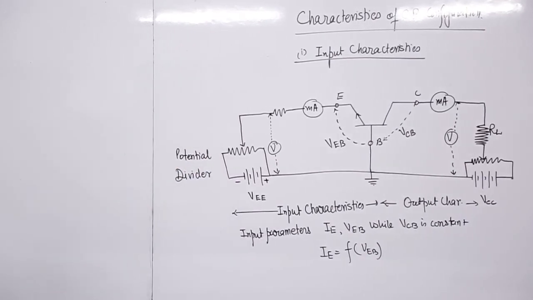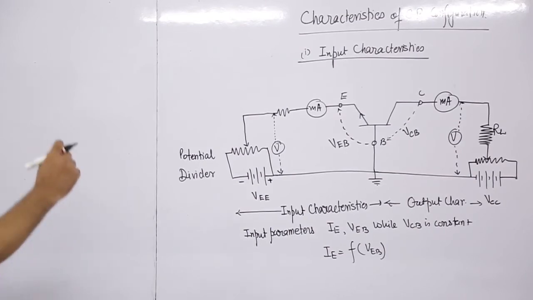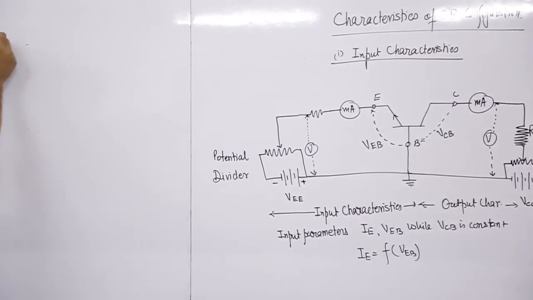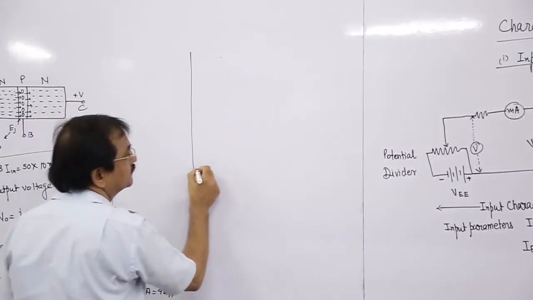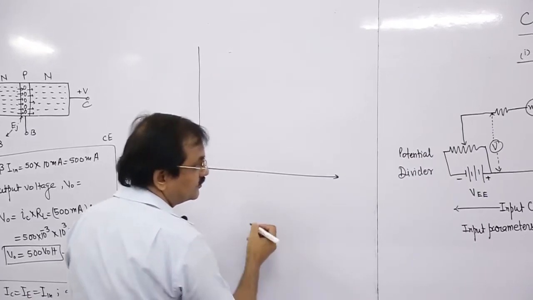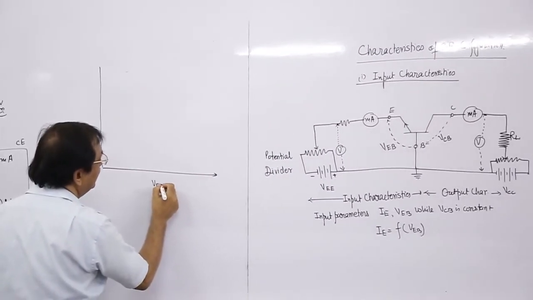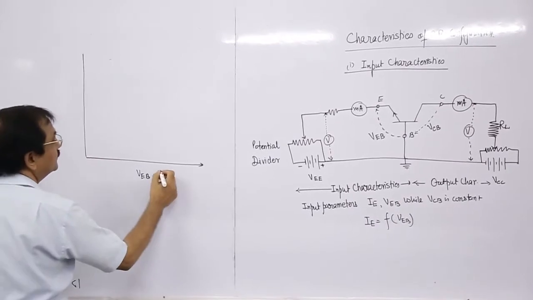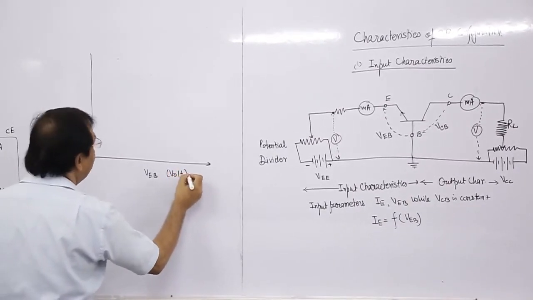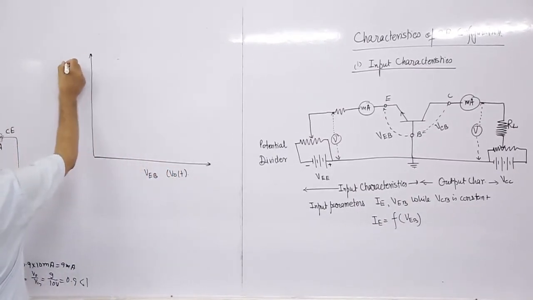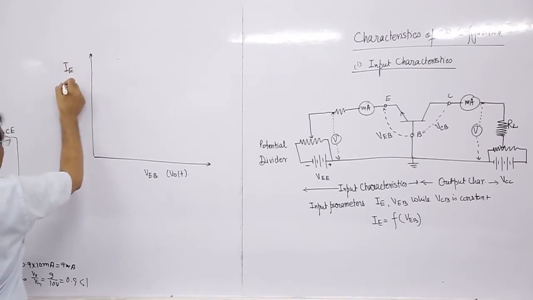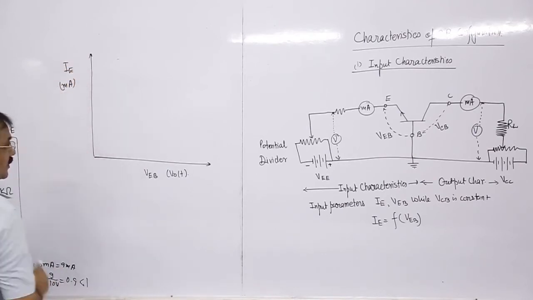So how can this be? This one is VEB in volt, and this one is IE in milliampere.